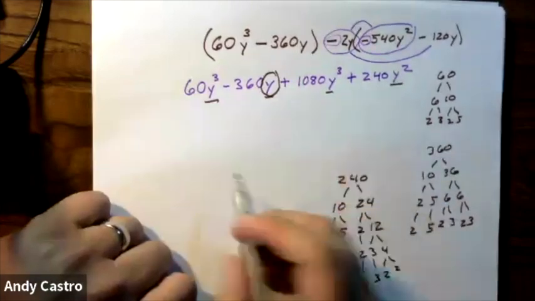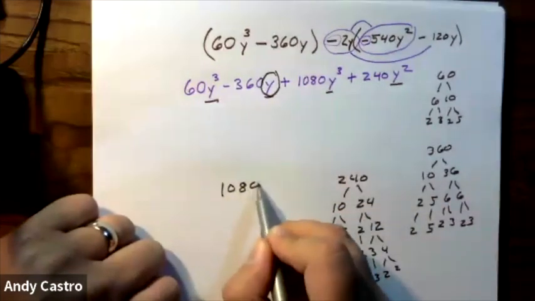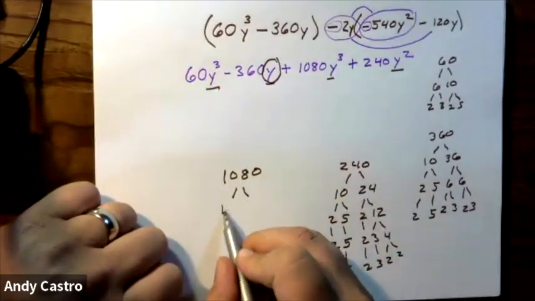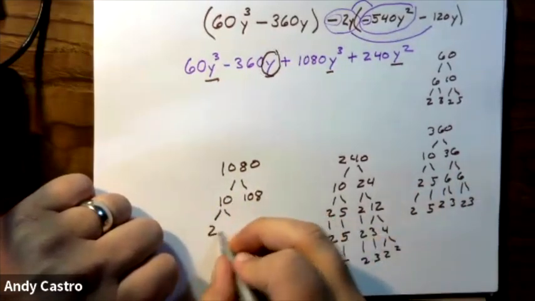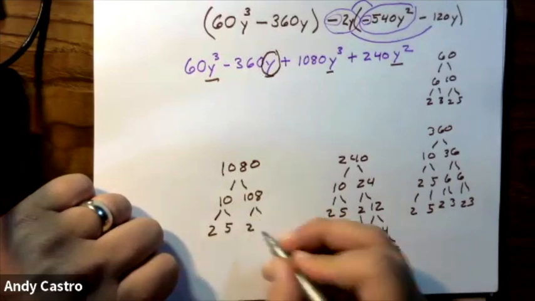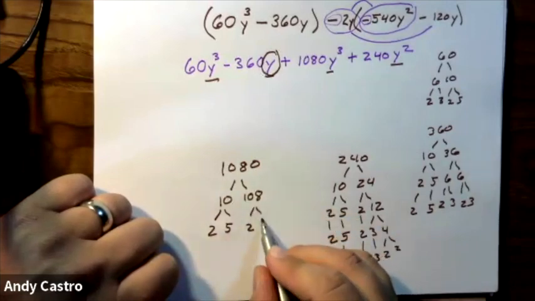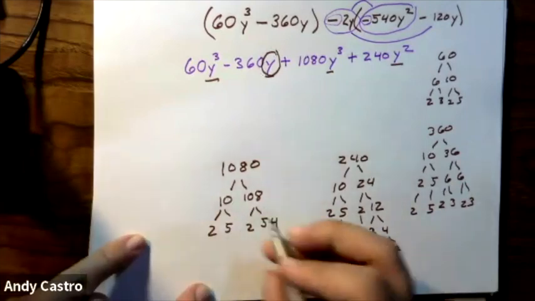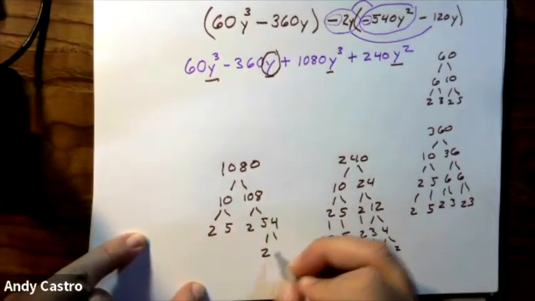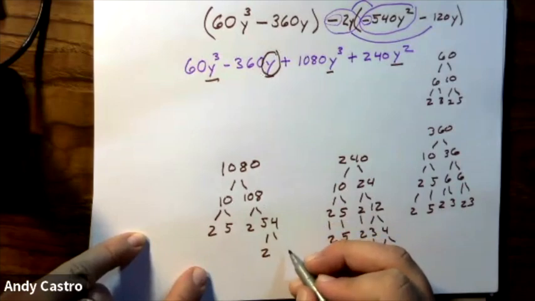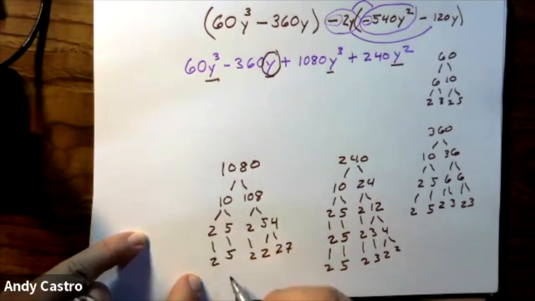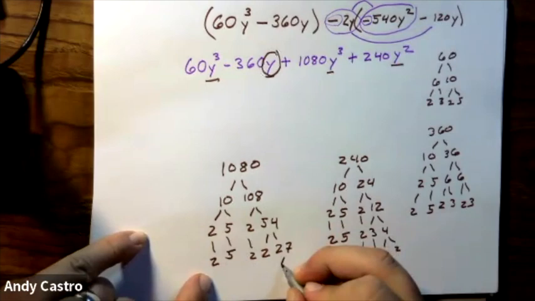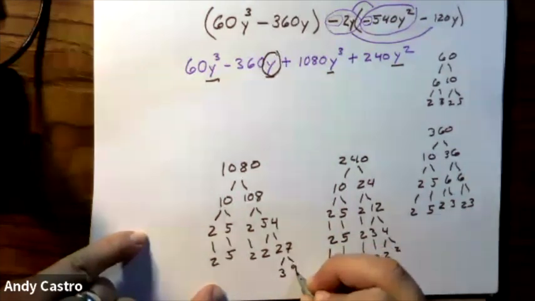All right, then if I factor my 1080, that is 10 and 108. 10 would be a 2 and 5. If I take a 2 out of 108, that gives me 54. If I take 2 out of 54, I think that gives me 27. So we got a 2, 5, 2, 2, and a 27. The 27 is 3 and 9.